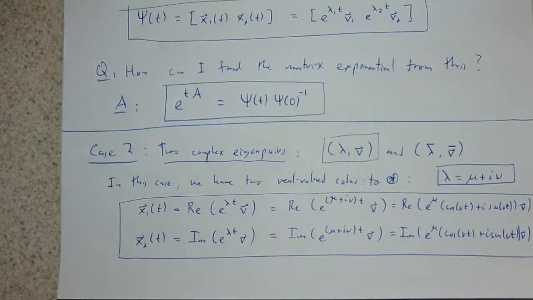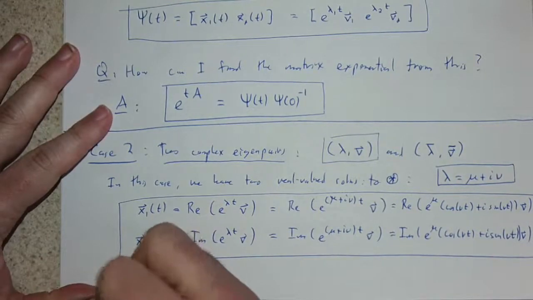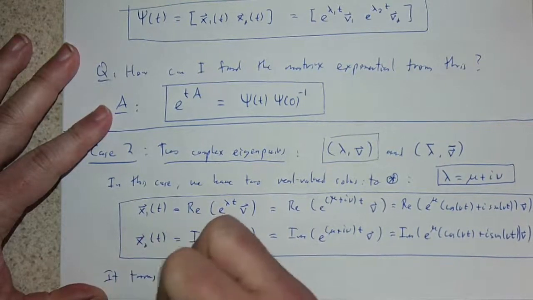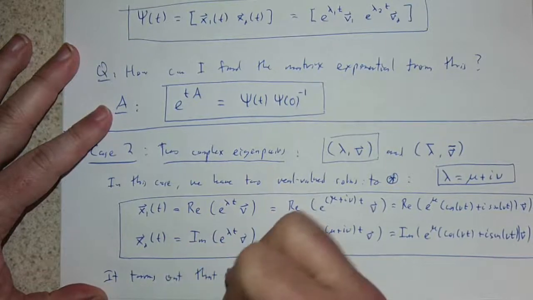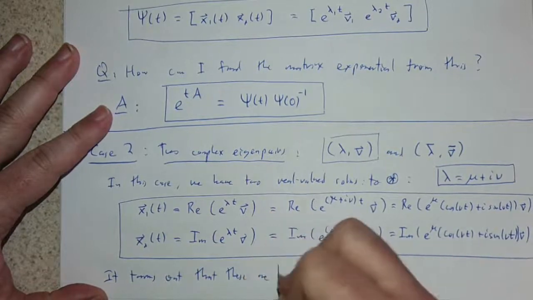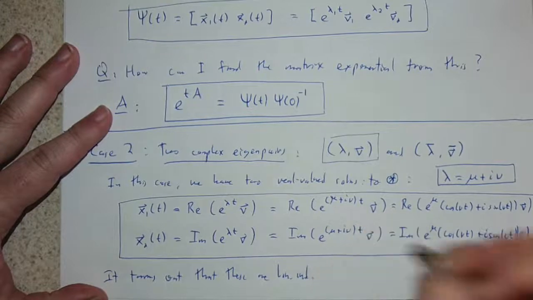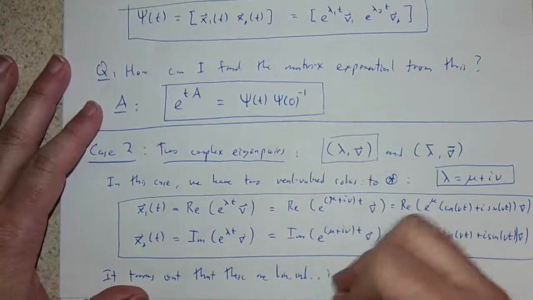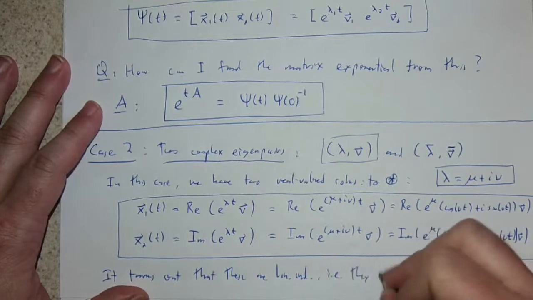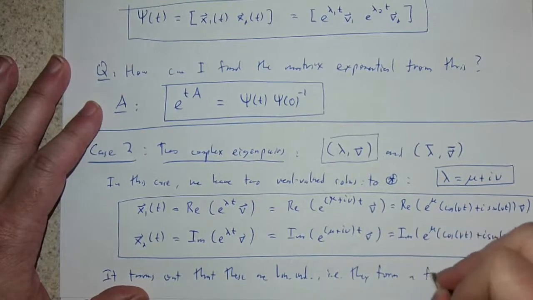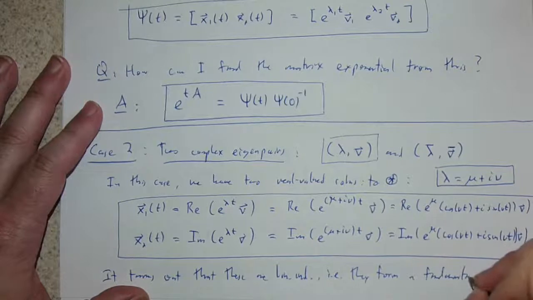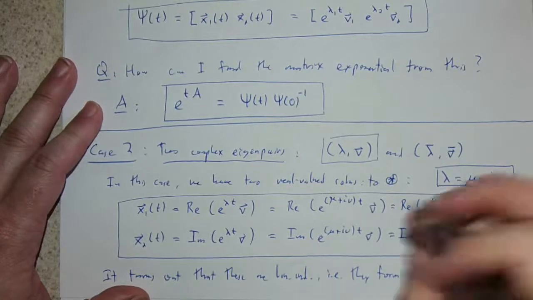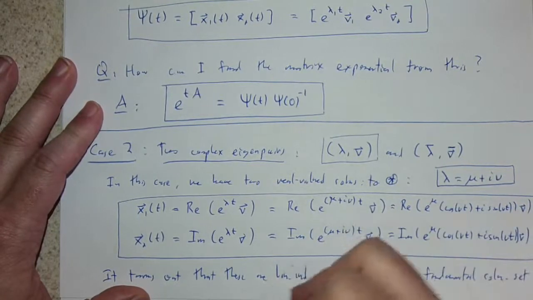Okay. All right, and so it turns out, just as before, that these are linearly independent. What does that mean? It means that their Wronskian is non-zero, i.e. they form a fundamental solution set for star.